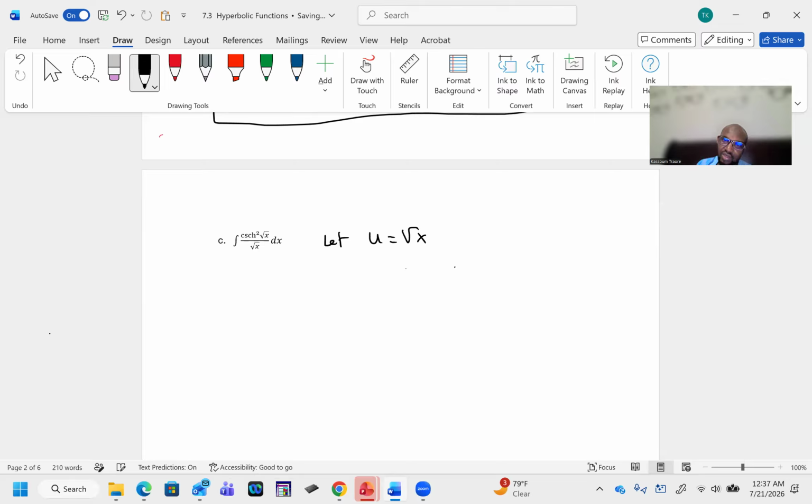Then the derivative of u would be 1 divided by 2 square root of x dx.